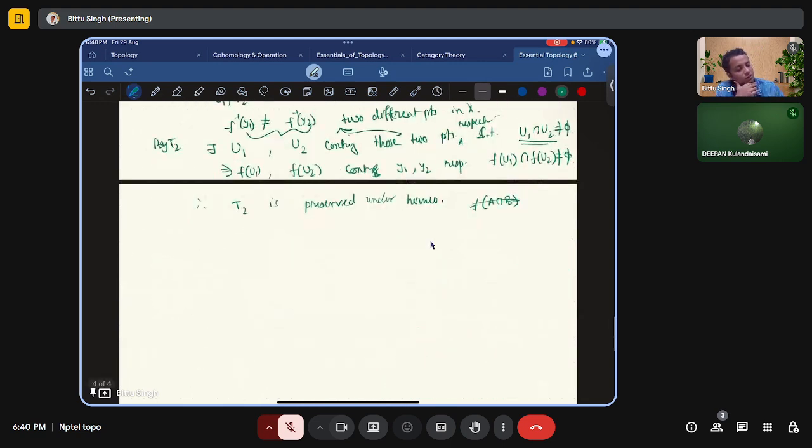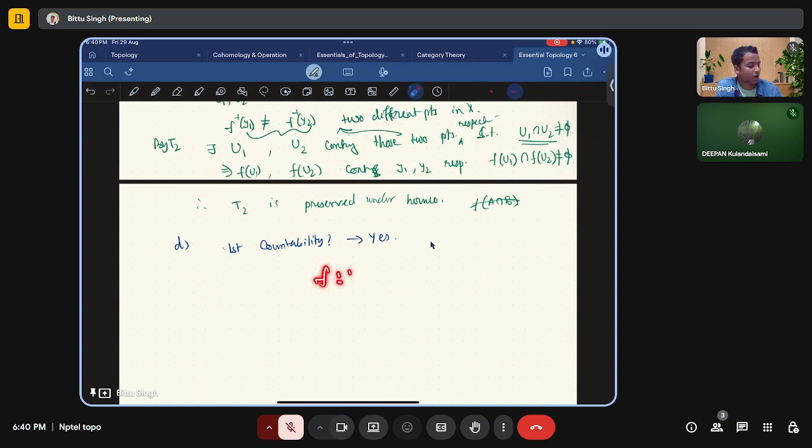Now, what about first countability? So again, the answer is yes. The idea is similar. In fact, this is more than that.